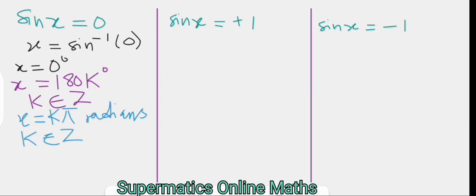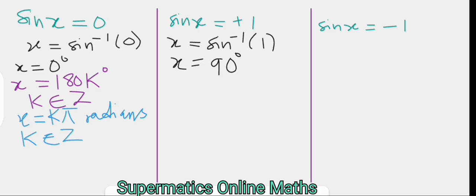When sine x is positive 1, x is going to be the sine inverse of positive 1. And for sine inverse of positive 1, the starting angle is 90 degrees. Now that the starting angle is 90 degrees, then for every 360 degrees addition or subtraction to the 90 degrees or the subsequent values, the value of the sine will always be positive 1.